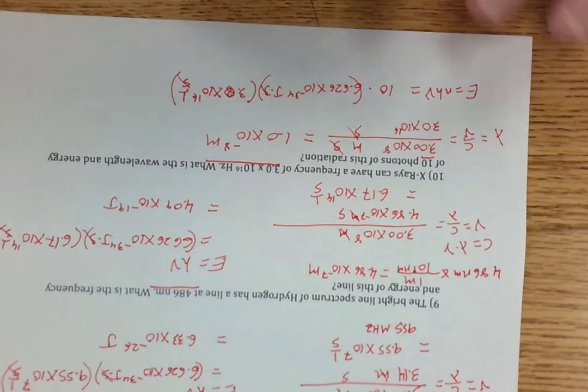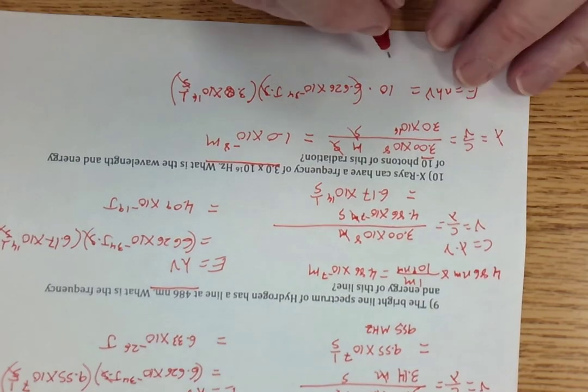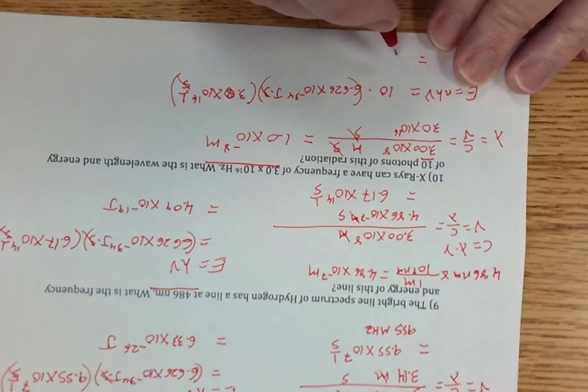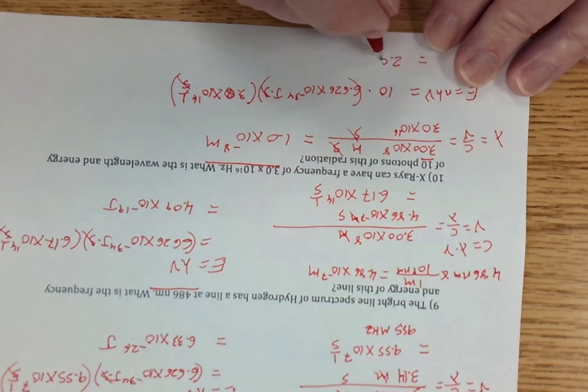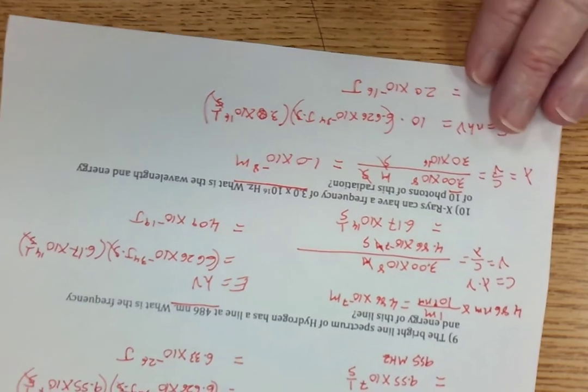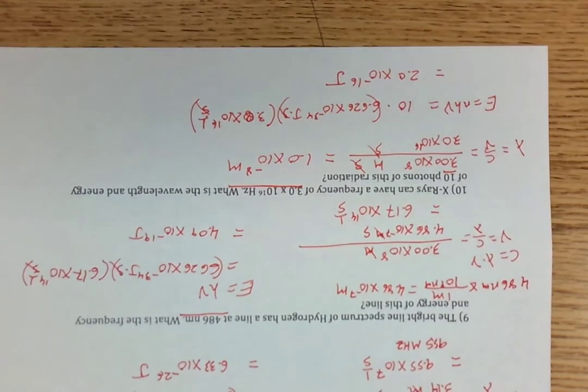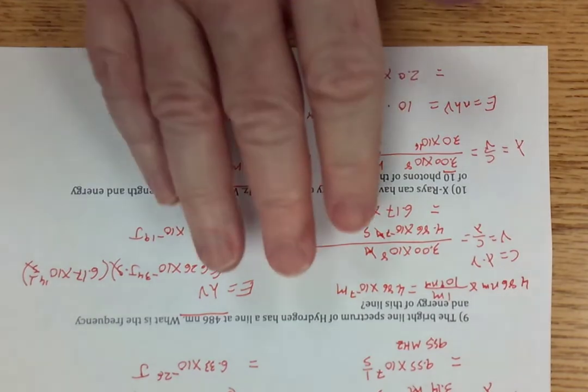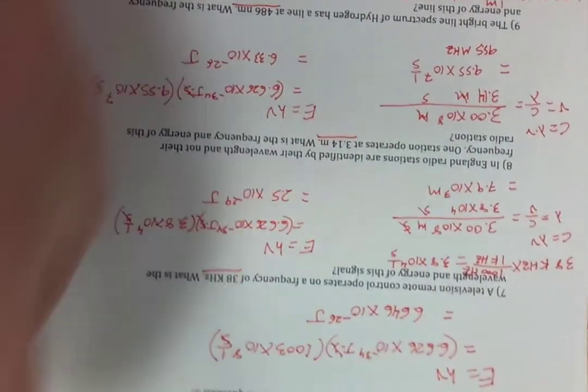Seconds cancel, and this comes out to be 2.0 times 10 to the negative 16th joules. There we go.